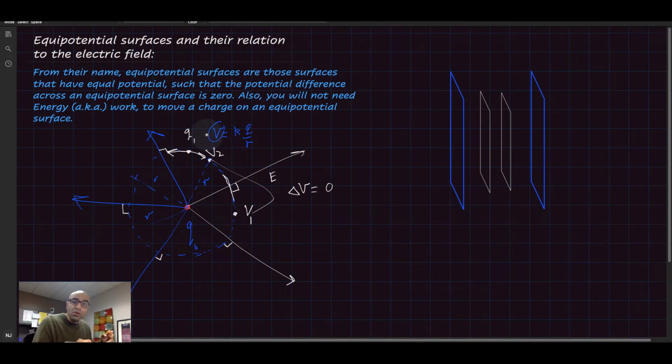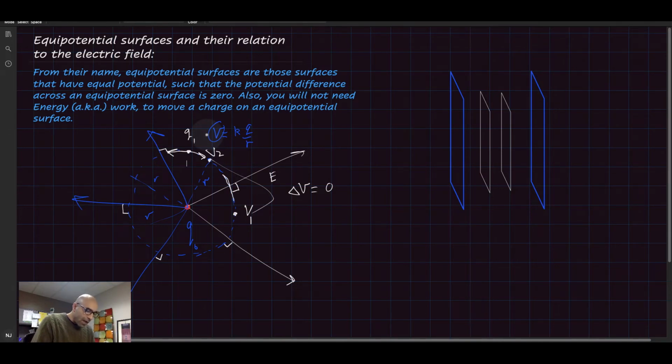Figuratively speaking, if you touch this charge on the equipotential surface with your finger and move it, it will go around and around without stopping. That's usually not the situation in reality, but this is the idea.